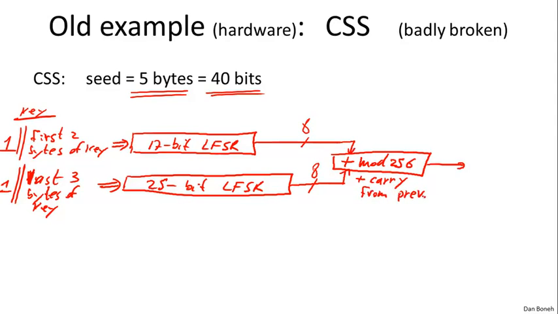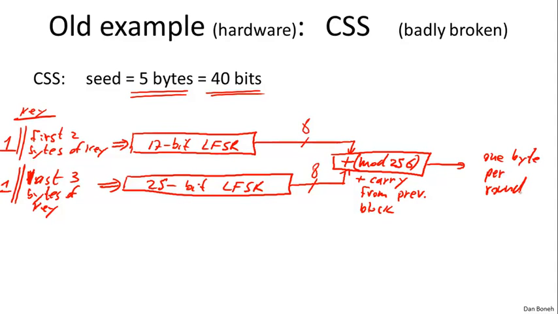We're doing addition modulo 256, so we're ignoring the carry, but the carry is added, either 0 or 1, to the addition of the next block. And then this outputs 1 byte per round.